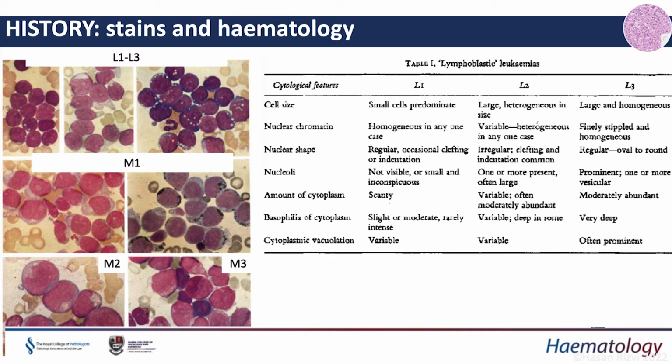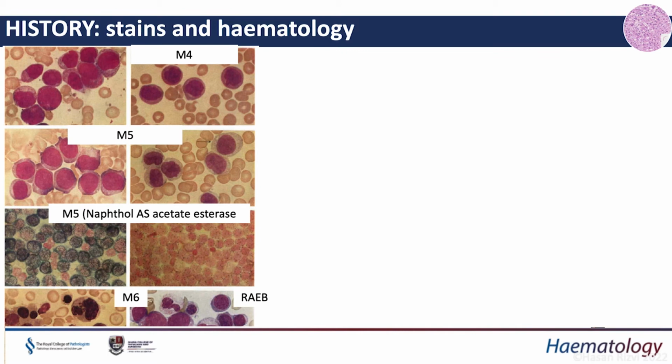And you can see that in the lymphoid cells L1, L2, and L3, the lymphoblastic leukemias were classified based on the morphology of the cells, L3 being large and Burkitt-like cells. And then you have the myeloid, undifferentiated to differentiated M1, M2, and M3. And you have the monocytic, monoblastic leukemias, and then erythroleukemia, which is M6, and megakaryocytic leukemia, which is M7.